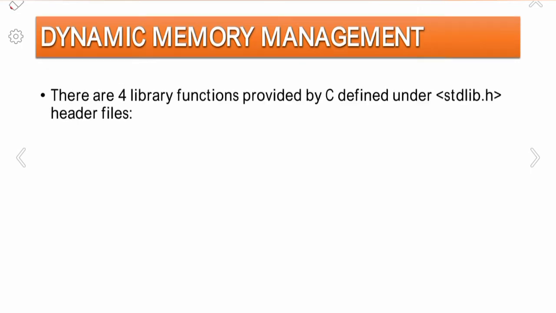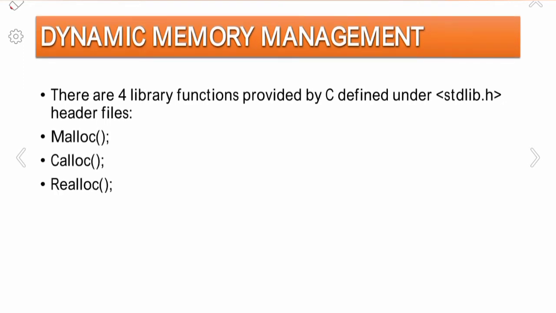In dynamic memory management, we have 4 library functions provided by C, which are defined under the stdlib.h header file. That is malloc, calloc, realloc and free. So these are the 4 library functions provided by the C program for the dynamic memory management technique: malloc, calloc, realloc, and free.